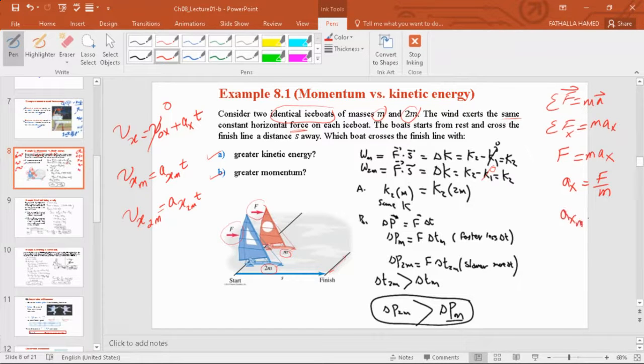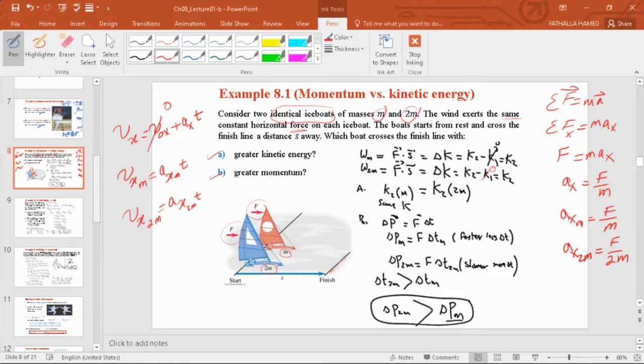So ax of m should equal F over m, and ax of 2m should equal F over 2m. So you know that the acceleration for the second boat, or the boat with the 2m, is going to be smaller. So you know right away that they are not going to get to the finish line at the same time. You know that the smaller one probably will take less time to get there.